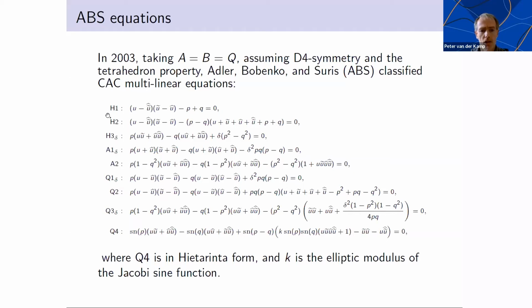You've got the H equations, you've got the A equations, and the Q equations. The Q and the A are non-degenerate equations, and the H are degenerate equations. I'll come back to that later. So I'm starting off giving you an overview of what is known before I get into the new results.